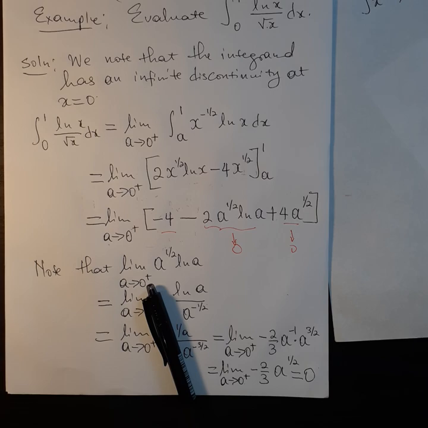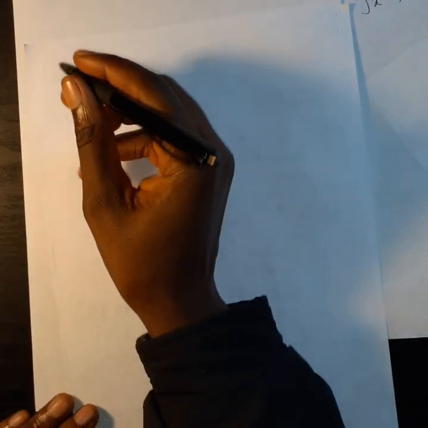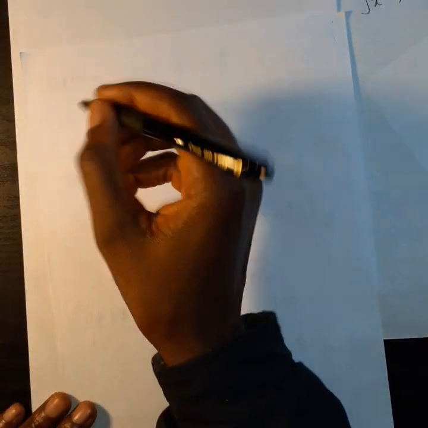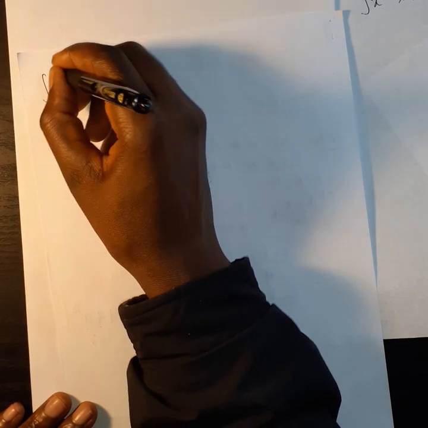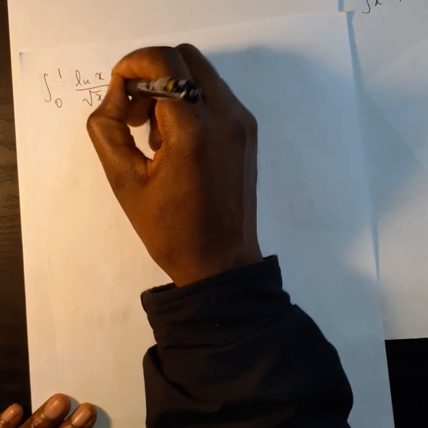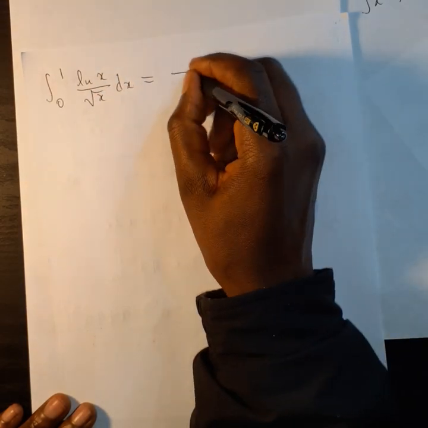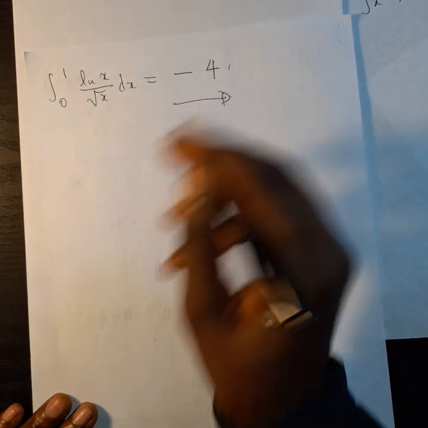Hence, the integral from 0 to 1 of the ln of x over square root of x dx is equal to minus 4. Then you can look at the other ones.